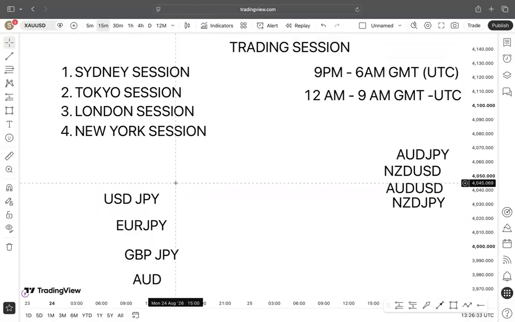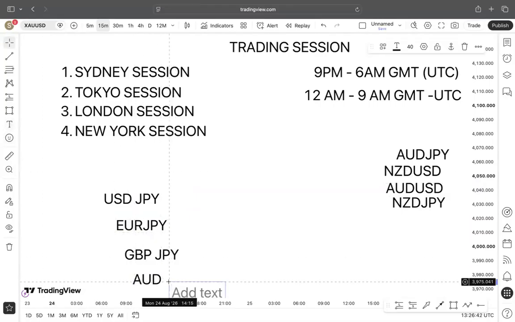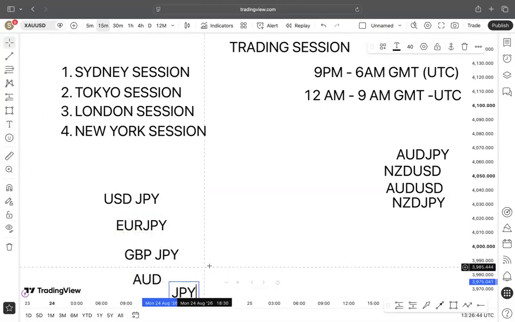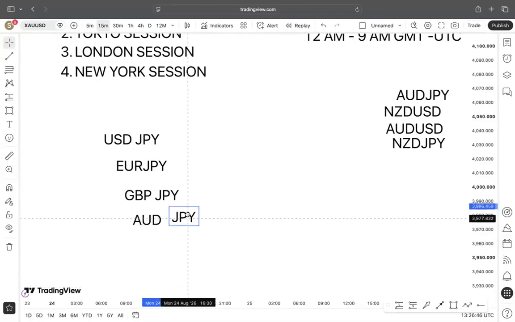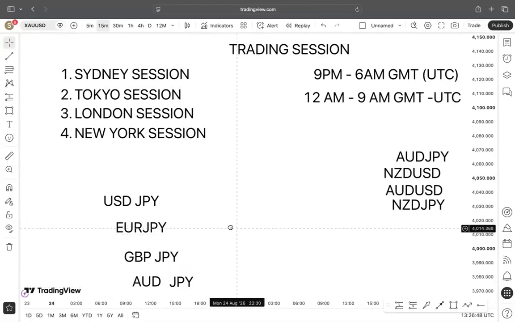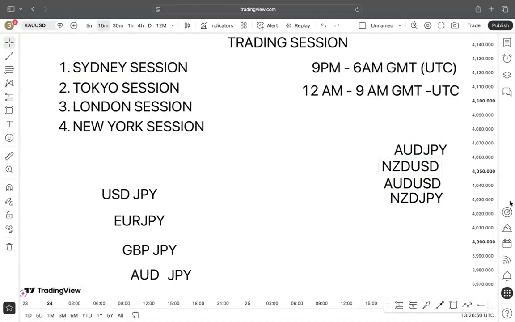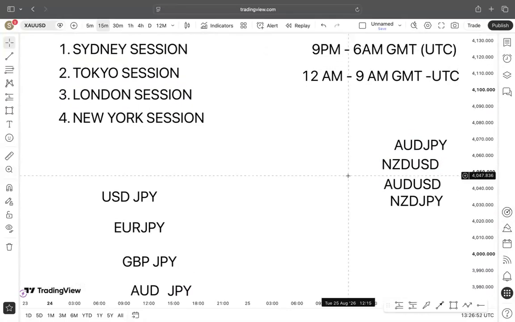And then for the Tokyo session, which is the Asian session, we have the Japanese yen. All right, so correct that. So most JPY pairs are active during the Tokyo session.